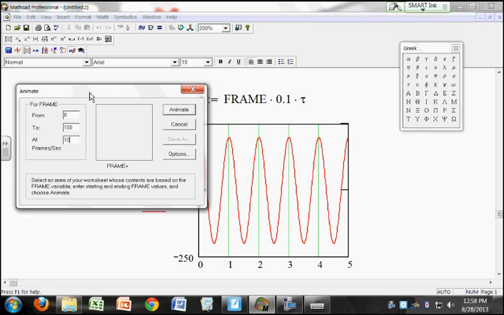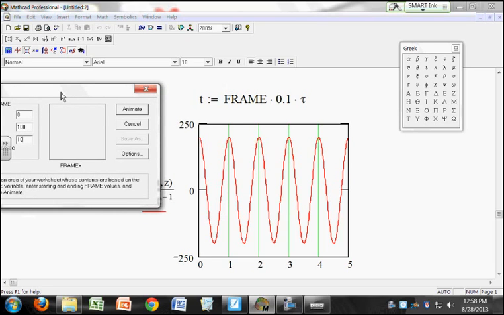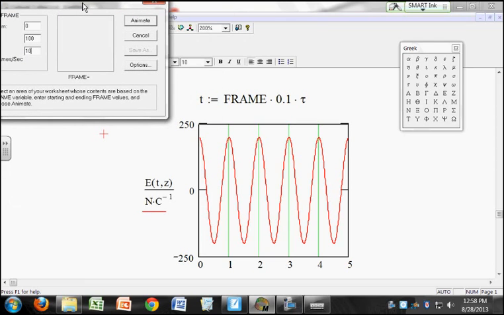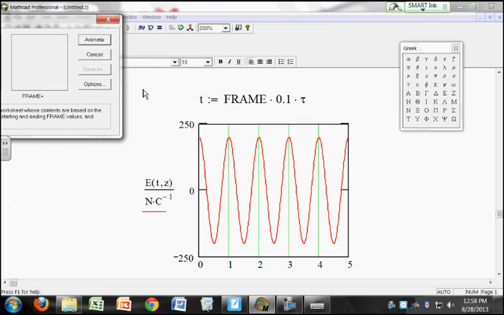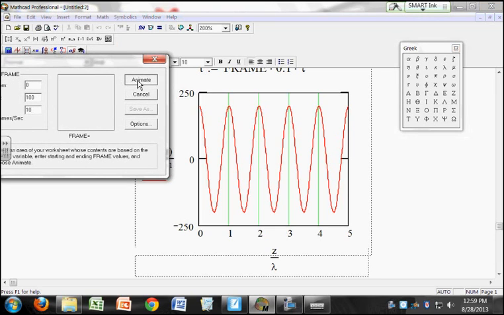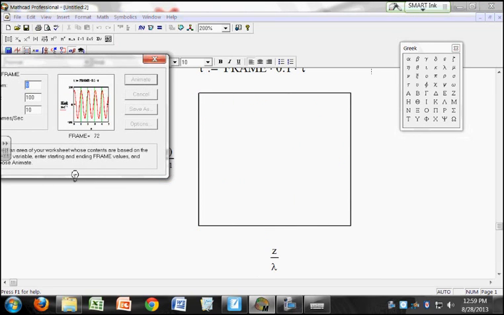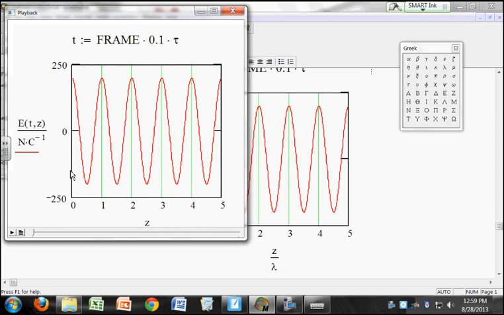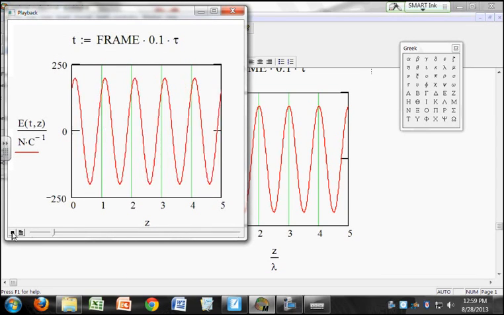Okay, so you specify that, and then you click out of your animation dialog here and highlight the part of the document that you want to animate. So you highlight this part. I want to see how this part of your document changes as the frame advances. And so what I do now is I click animate, and you can see it generated the animation. And so if I play it, there's a moving wave right there.